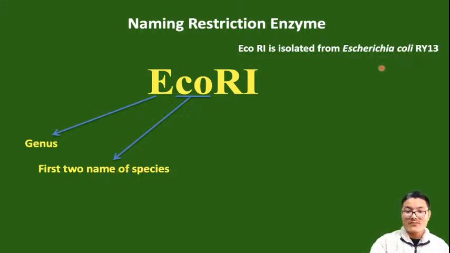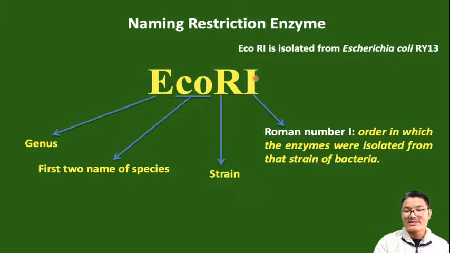Okay, and then we have R, which is the name of the strain. The strain is RY13, right? That's why the first letter of the strain is R, and 1 is the Roman numeral 1. So Eco R1 was first obtained from E. coli, and it is the first restriction enzyme which is discovered from Escherichia coli.